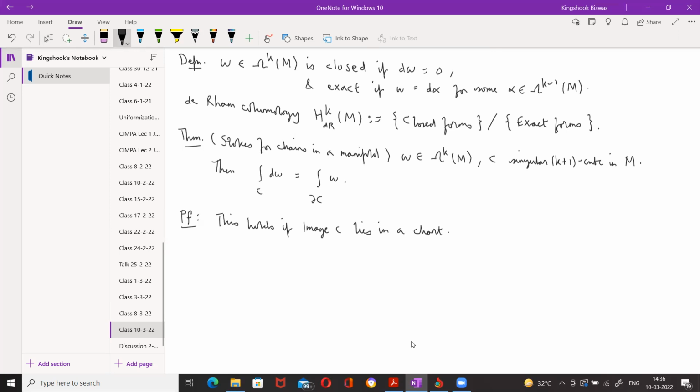For the general case, you look at basically [0,1]^(K+1), and you divide this into small cubes.